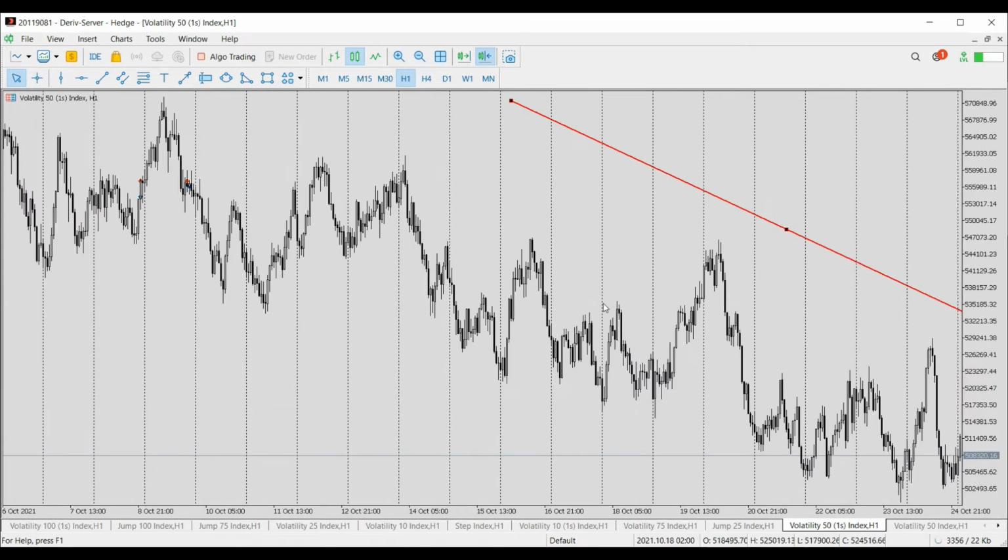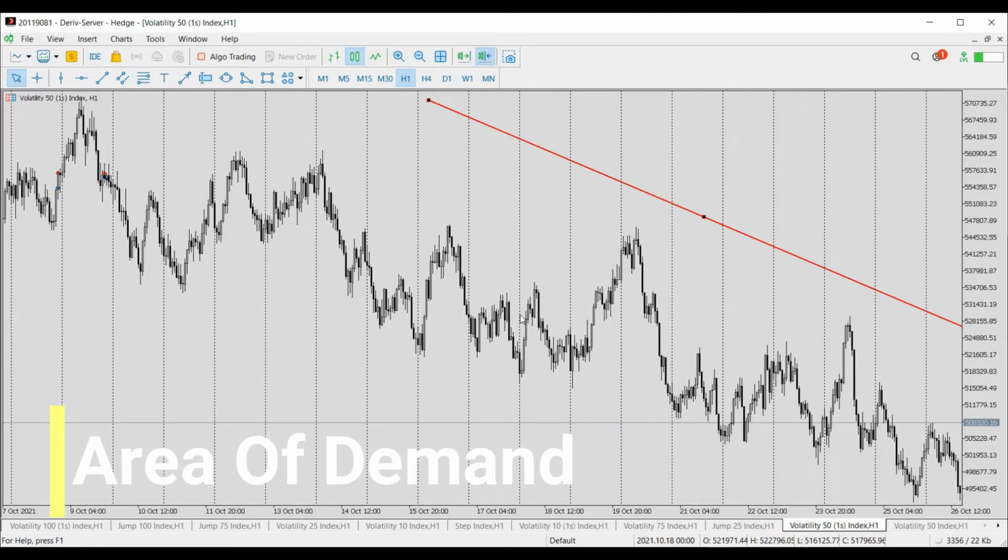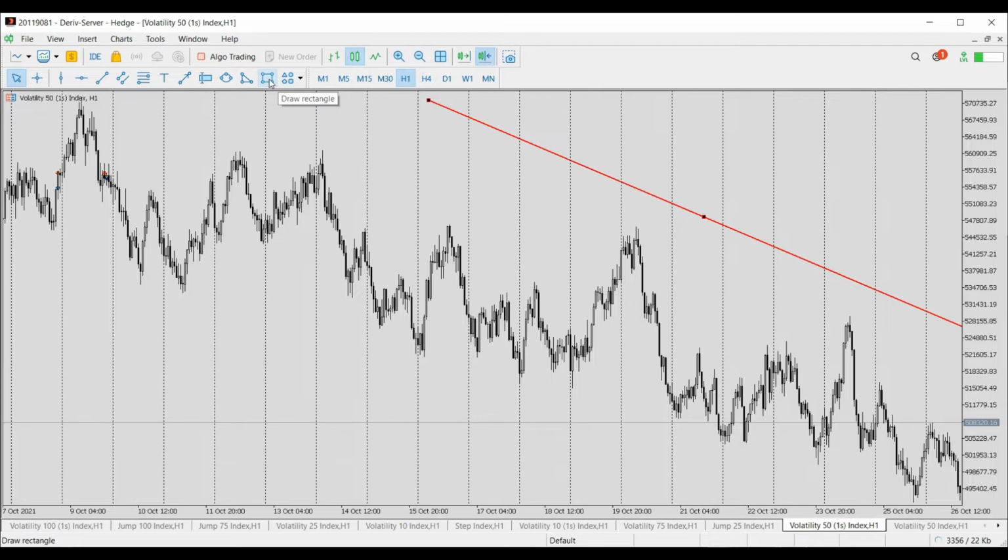After identifying your market structure, that's the direction of your market, the next thing you need to consider is your area of demand. So your area of demand is where I talked about the order blocks, the breakers and the source. And because we are on a sell, we are looking out for the source.